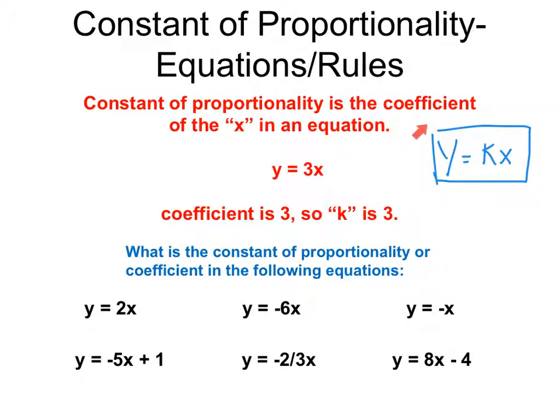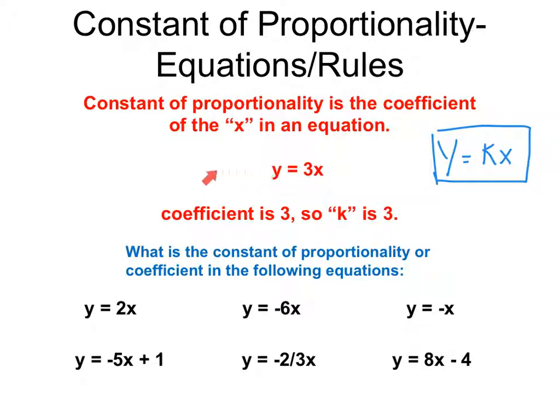We're going to look for equations that look like this. I gave an example here where y is equal to 3x. In this example, the constant of proportionality is the coefficient in the equation, which is 3.